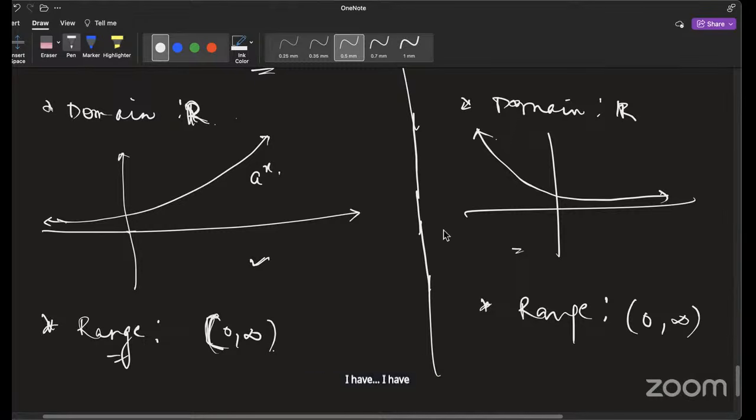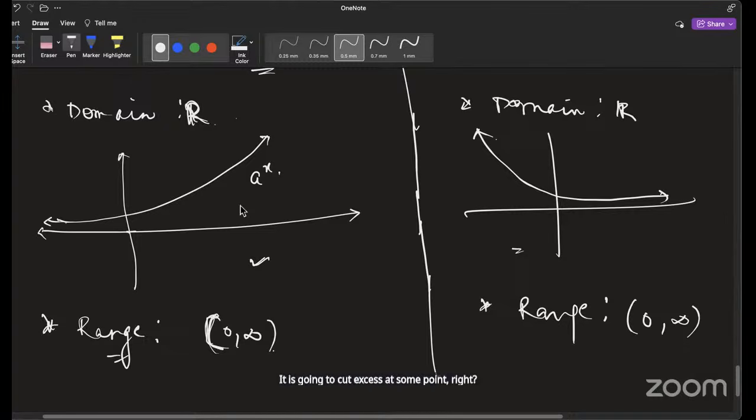Ma'am, I have a doubt here. As you were saying that it will never attain 0, but I have seen horizontal asymptotes cutting the y-axis in graphs. Ma'am, I was saying that I have seen some examples where the y-axis is cut at minus 10, 16, etc. So in that case, it is going to cut the x-axis at some point.